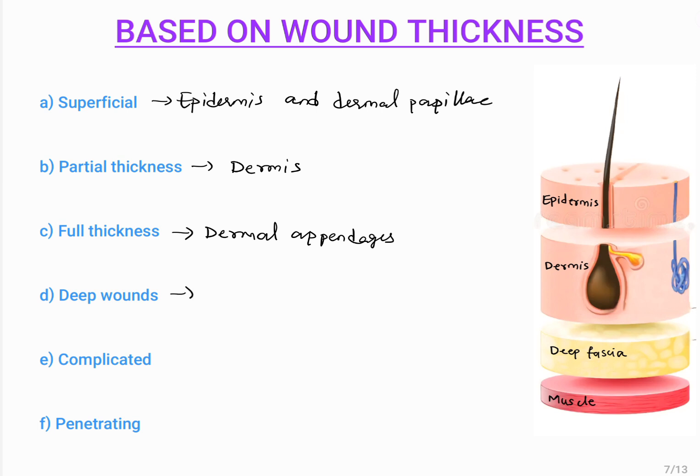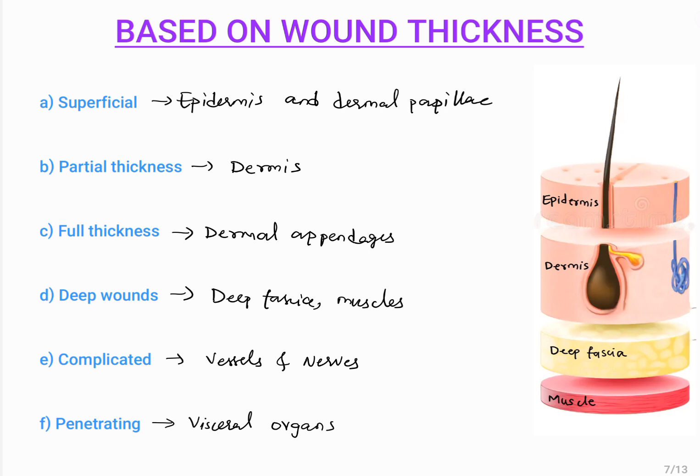In deep wounds, there is involvement of complete deep fascia along with the muscles. In complicated wounds, the vessels and nerves are involved. Finally, in penetrating wounds, even the visceral organs are also involved in the injury.